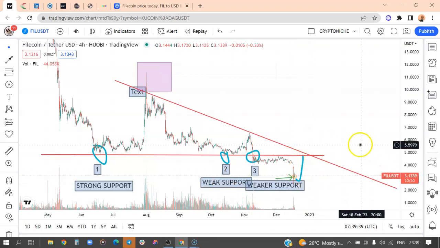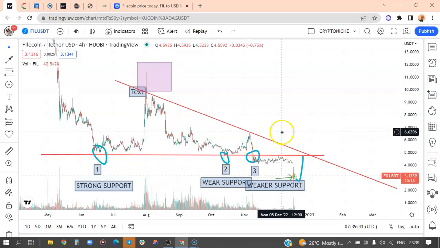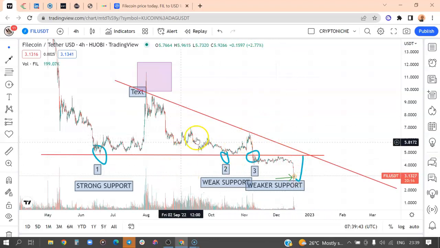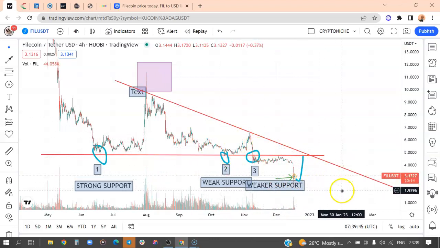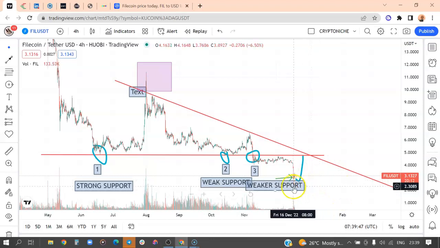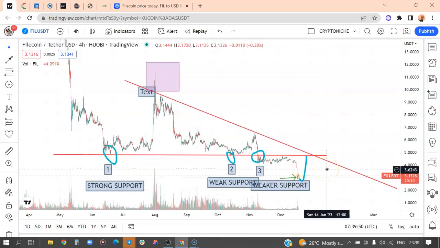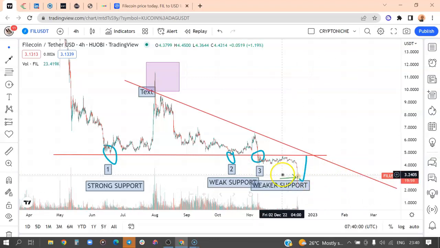So this is the overview of Filecoin. To be honest with you, if you really want to invest in Filecoin, this is one of the best times to start. I got it at an average price of 4.5 per Filecoin, and it is about time to buy more in order to dollar cost average my investments.